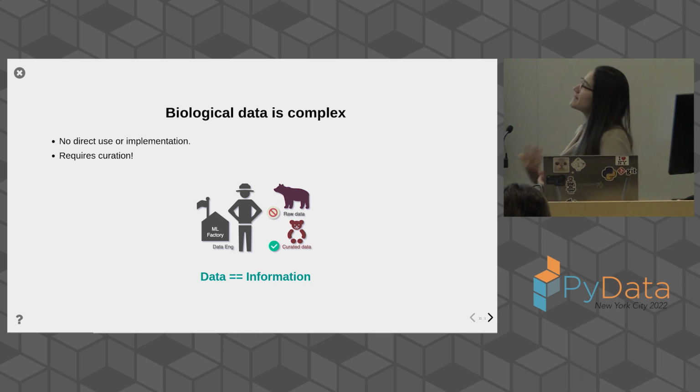The fact that biological data has no direct implementation and requires a ranger that is taking care of these data and says, okay, no, this is very bad, and I will fix you, and now you can pass. This is very time-consuming, and also it's very problematic in the long term for machine learning pipelines.